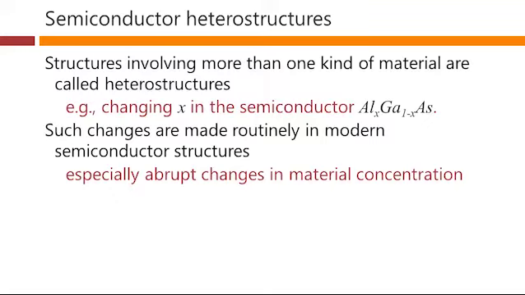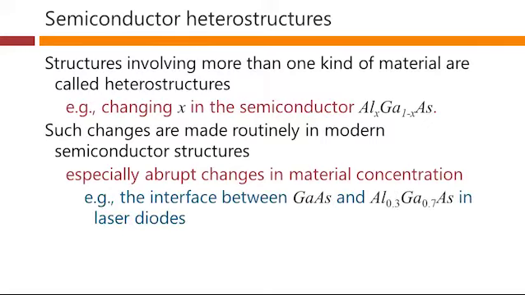And this allows us to make abrupt changes in material concentration. That happens at the interface between gallium arsenide and, say, aluminum gallium arsenide, for example with 30% aluminum. In some of the early laser diodes, it happens in all the modern laser diodes made with different materials, such as indium gallium arsenide and perhaps indium phosphide or indium gallium arsenide phosphide, a quaternary material instead.